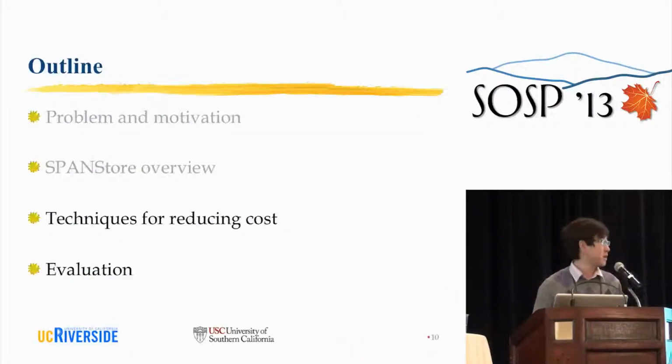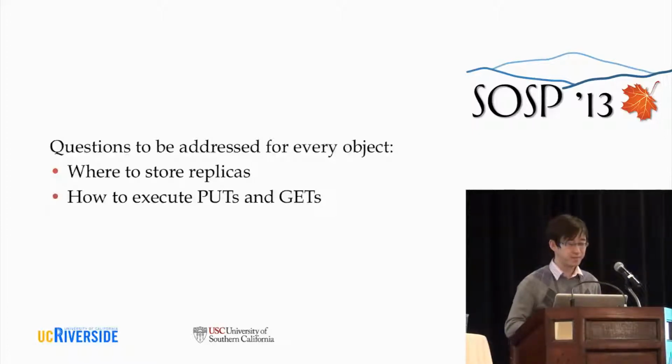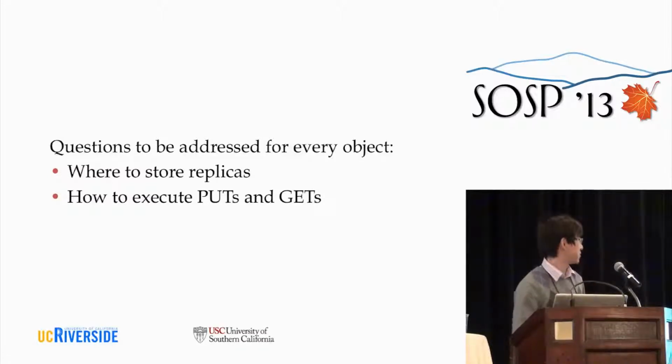Next, I'm going to talk about several techniques that enable SPANStore to further reduce the cost. In geo-replication, fundamentally, there are two questions that need to be answered: for each object, where to store the replicas, and how to execute puts and gets. In terms of minimizing cost, why are these hard problems?